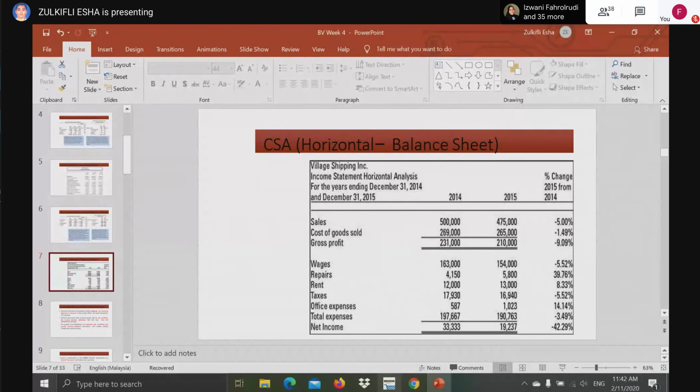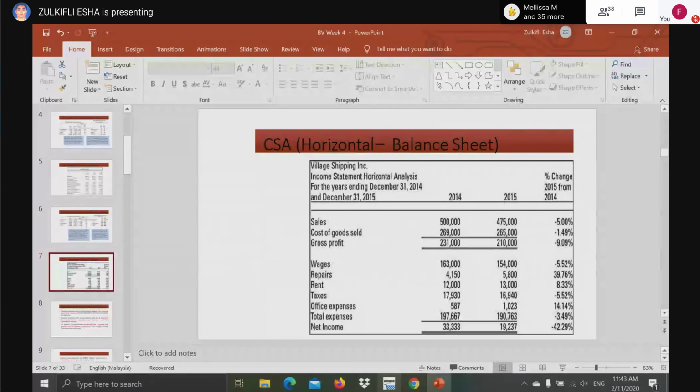From the horizontal analysis, you will then convert the figure into percentage to do the vertical analysis. After you have done the vertical and horizontal analysis, you shall do a comparison in table form to get a clearer picture of any difference between the years you are comparing.